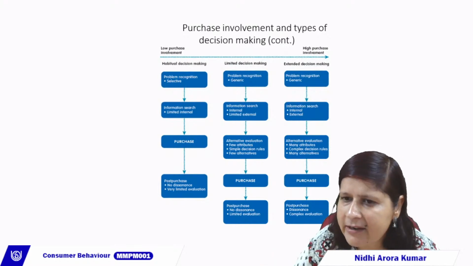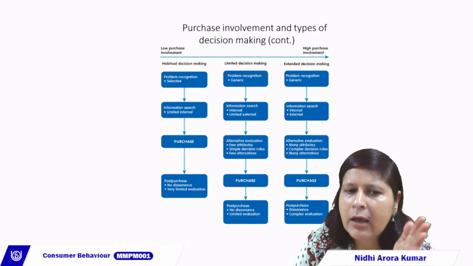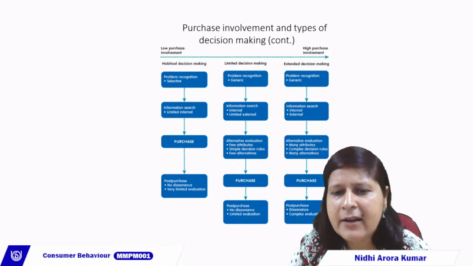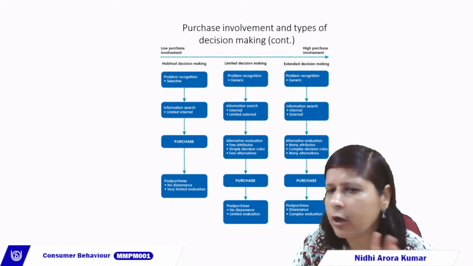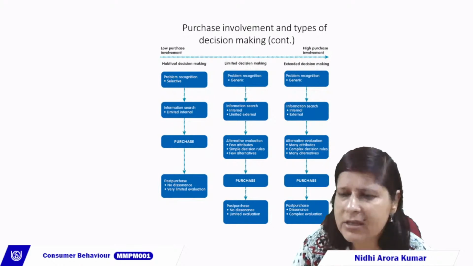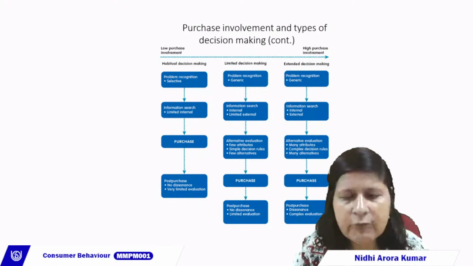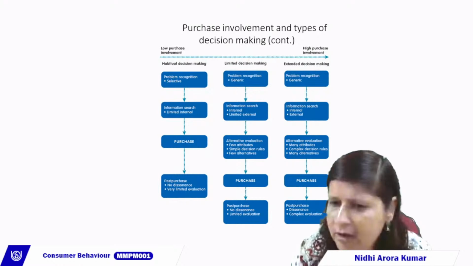And in habitual decision making, low purchase involvement will be there, and in limited decision making, somewhat purchase involvement will be there, but not much. In extended decision making, high purchase involvement will be there. Problem recognition will be generic.